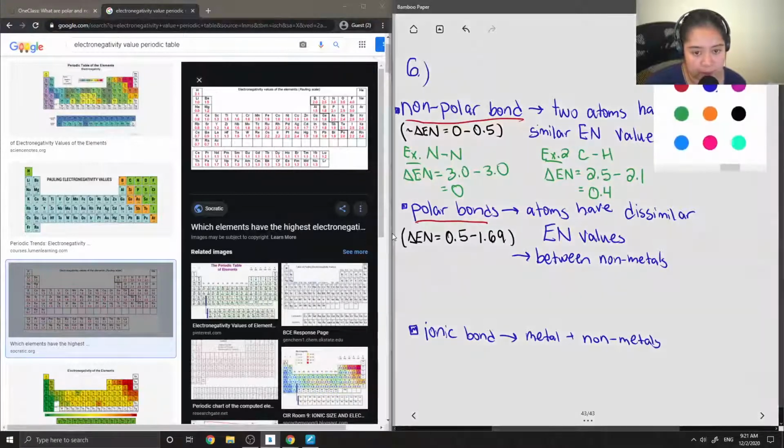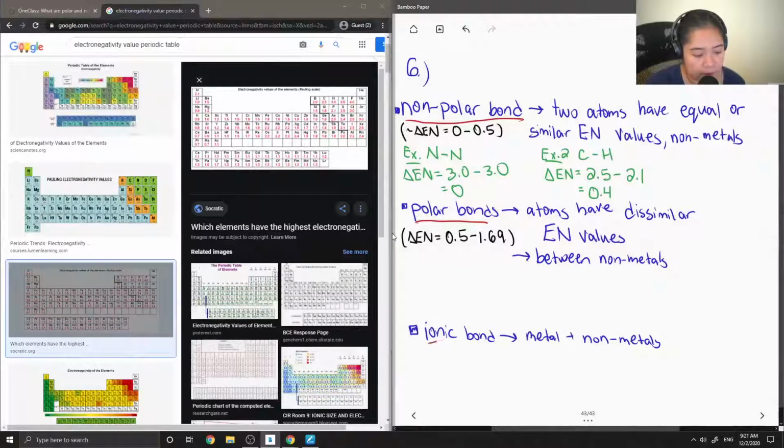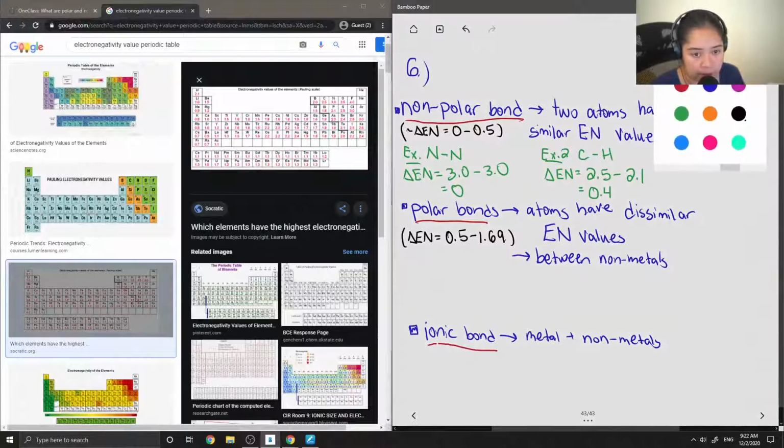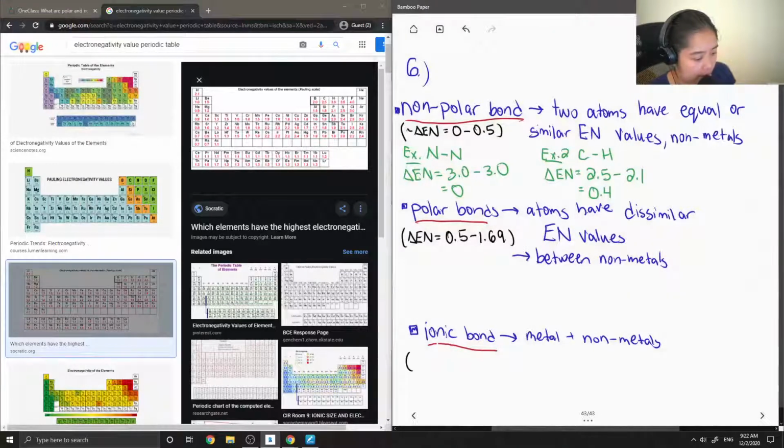You don't even need to calculate its difference in electronegativity. But going back to the difference in electronegativity for ionic bonds, its difference will be greater than 1.7.